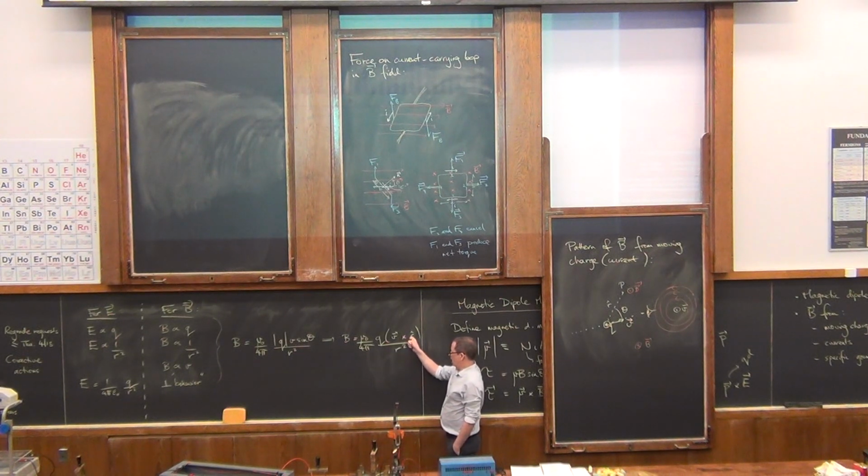R hat is a unit vector, so it has no magnitude, it's simply a direction. So in that sense, we're still left with just B here in terms of dimensions, the 1 over R squared here. So this now embeds that particular right-hand rule convention or observation of the direction that the B field is moving. Let's come back to this.